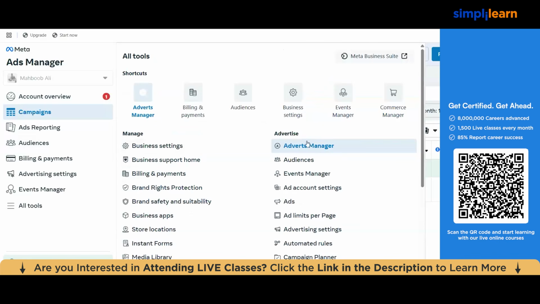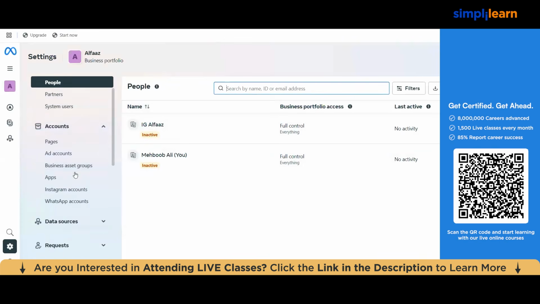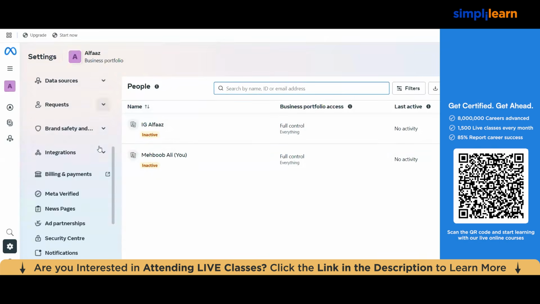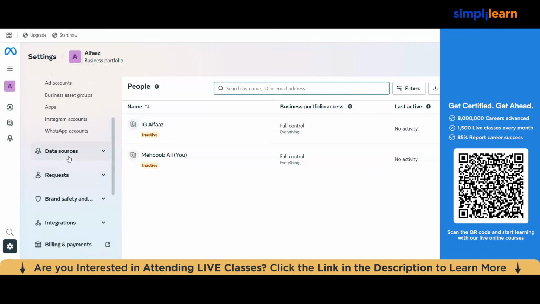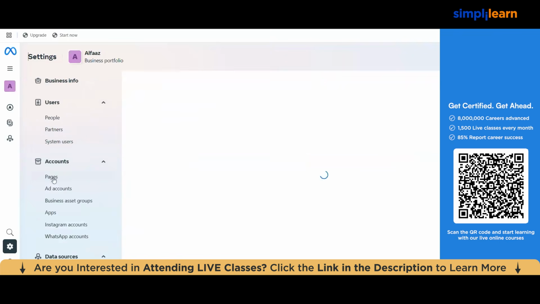So in All Tools you go to Business Settings, and once you go there, you will see who all are the active members to run the advertisement. This is inactive right now, but you can check all that. And this is where you have to look for a section called Data Sources. Can you all see this? I click on Data Sources, and just under Data Sources you'll find a tab called Pixels, right? So I'll click on Pixels.